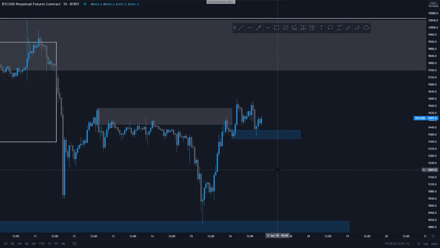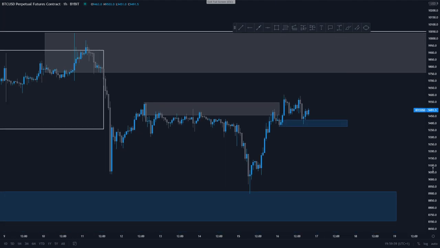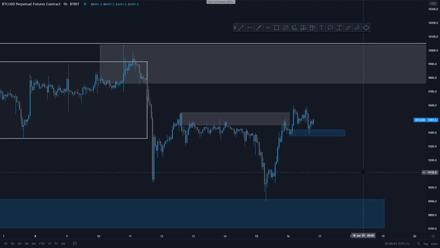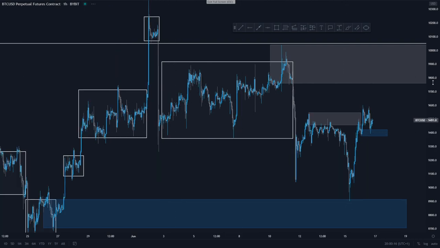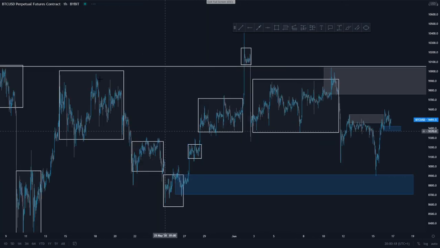Also, guys, sometimes a rally base rally zone can be stronger than a rally base drop or a drop base rally zone. That can happen, okay? In general, yes, the drop base rally zones are stronger, okay?